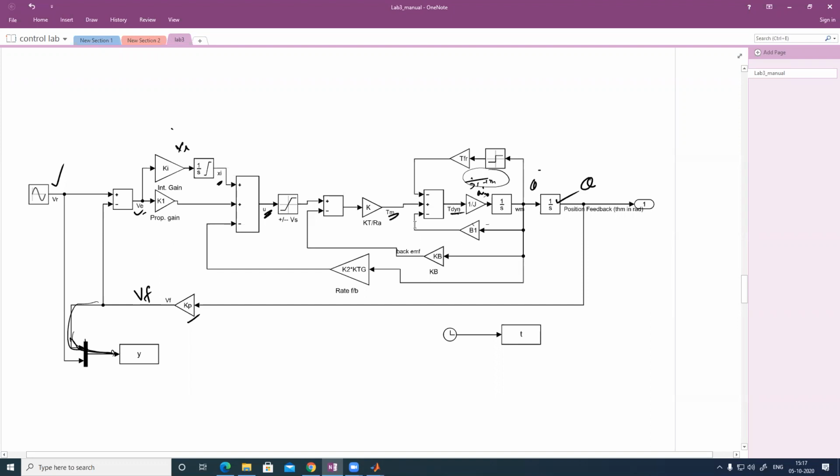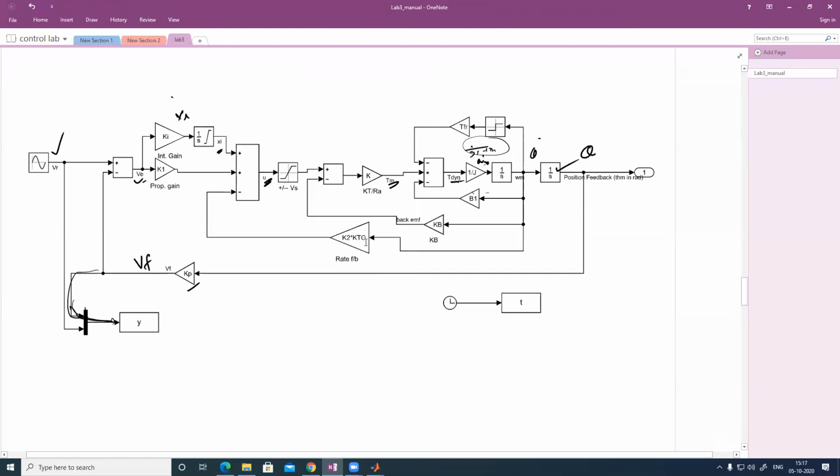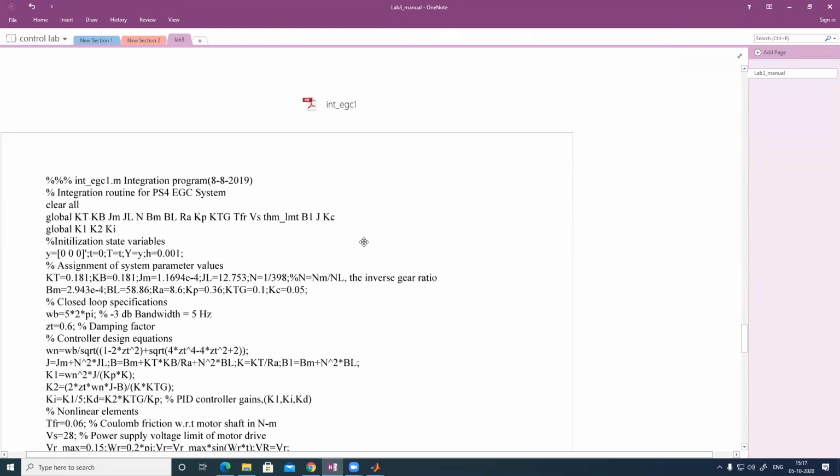So now you have to do the MATLAB coding. In MATLAB coding, you have to use the RK4 algorithm that was taken in the class, and define all the variables. First of all, you make int underscore egc.m. This is the integrating subroutine.